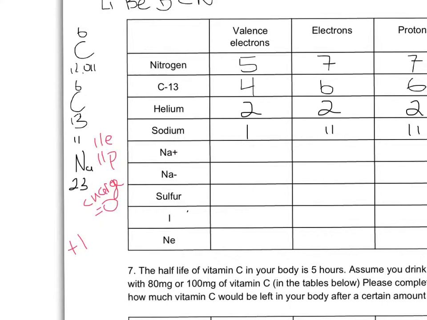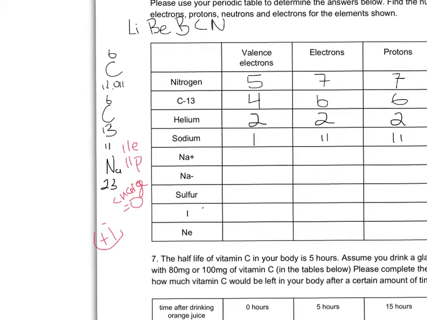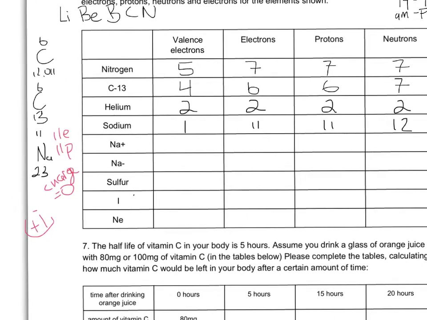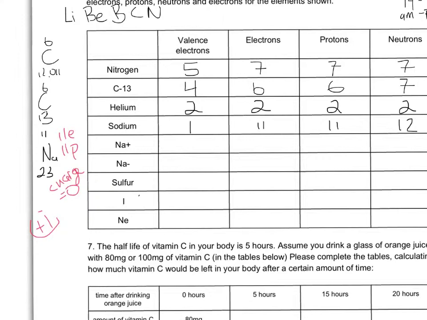Electrons are negatively charged. So if it loses an electron, its charge will become positive. If it gained an electron, its charge would become negative. Everything is going to be similar to the sodium above, except that because its charge is positive, it has 1 less electron. It has lost an electron. So we have 10 electrons. The number of protons and neutrons will be the same.